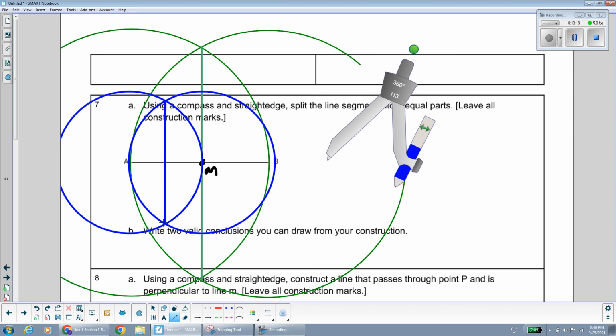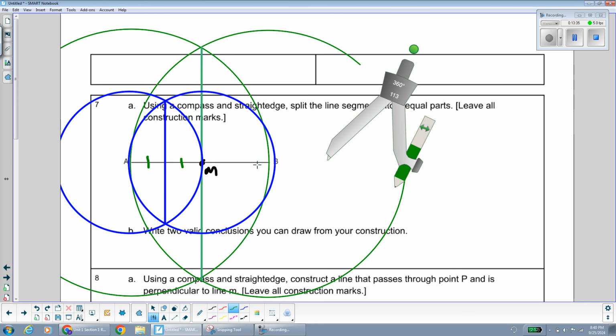Right through the intersection points, we have our perpendicular bisector. This point is the midpoint of AM of this half. These two halves are equal.